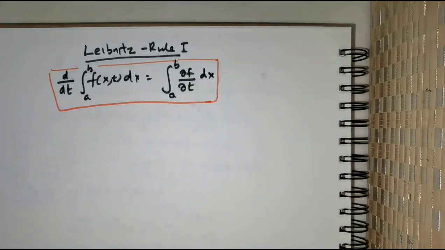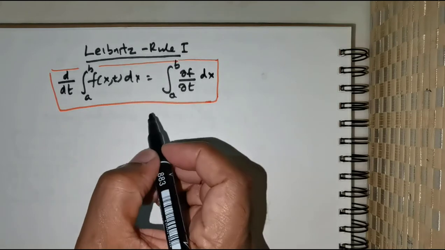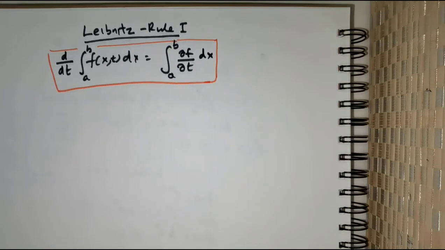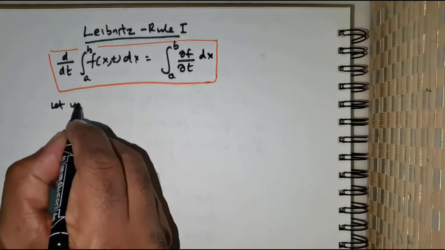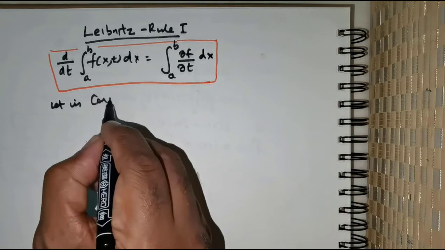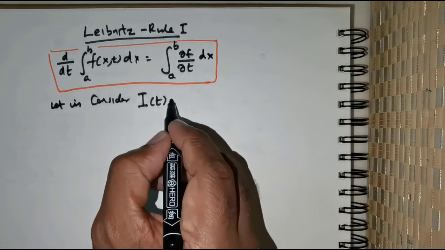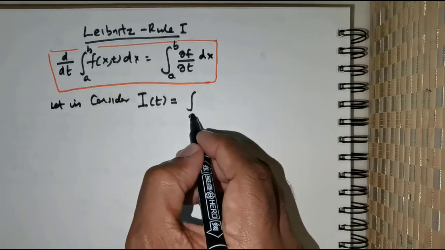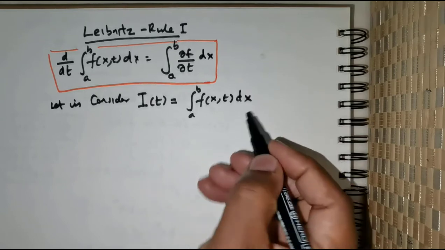Now I'm going to show you the proof for the Leibniz rule number 1. So foremost, let us consider I of t to be equal to the integral from a to b of f of x comma t times dx.